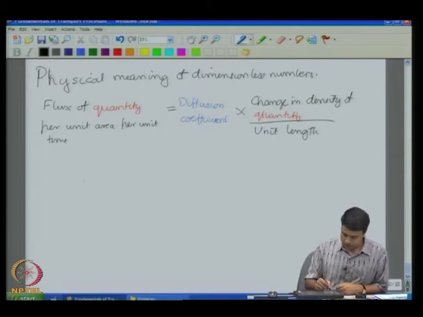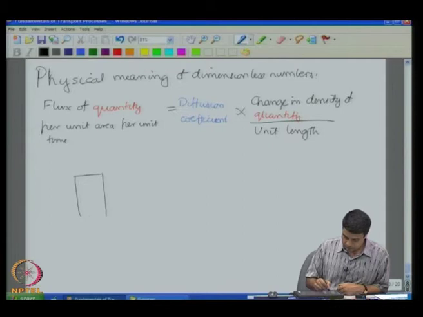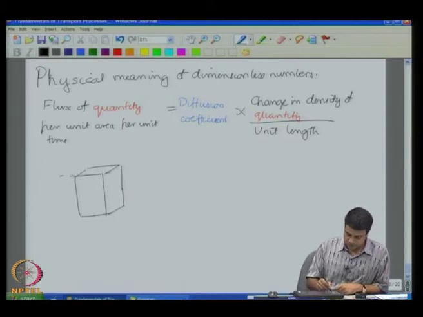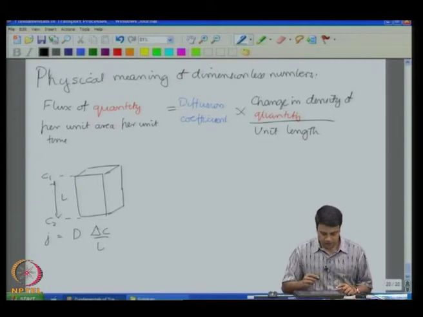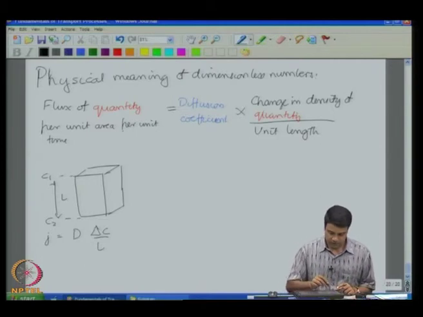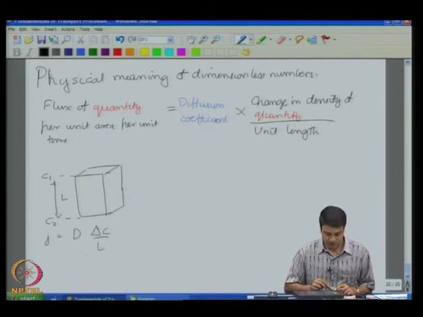So, for example, if I had a slab of fluid across which I was applying a difference in concentration C1, C2, and the difference in concentration across a length L, then the flux J was equal to D into delta C by L. Flux of mass per unit area per unit time J is equal to the diffusion coefficient D times the change in the density of that quantity.